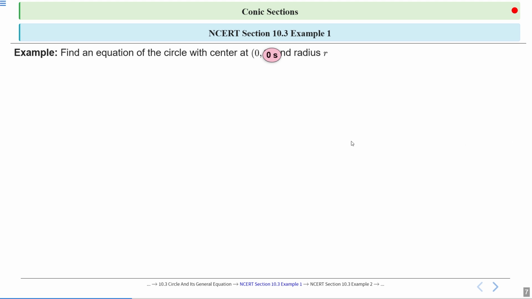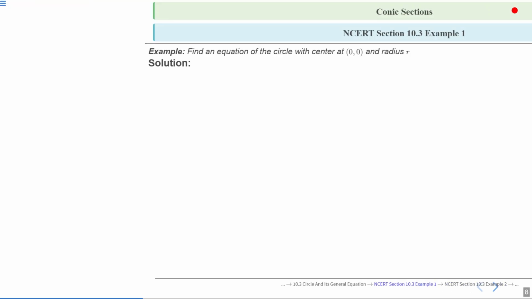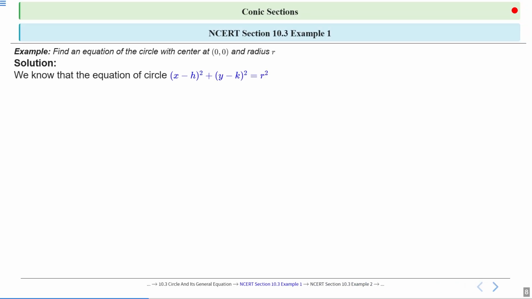Okay, students, now we will find an equation of the circle with center at (0, 0) and radius r. We know that the standard form of the equation of a circle is (x − h)² + (y − k)² = r².